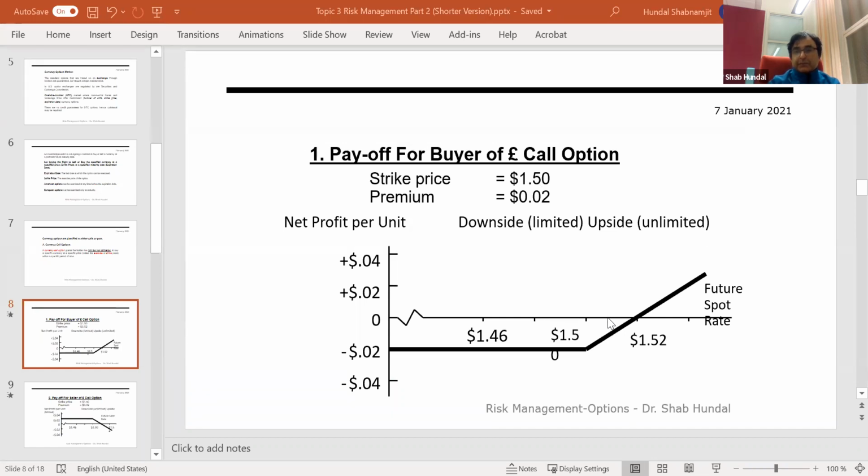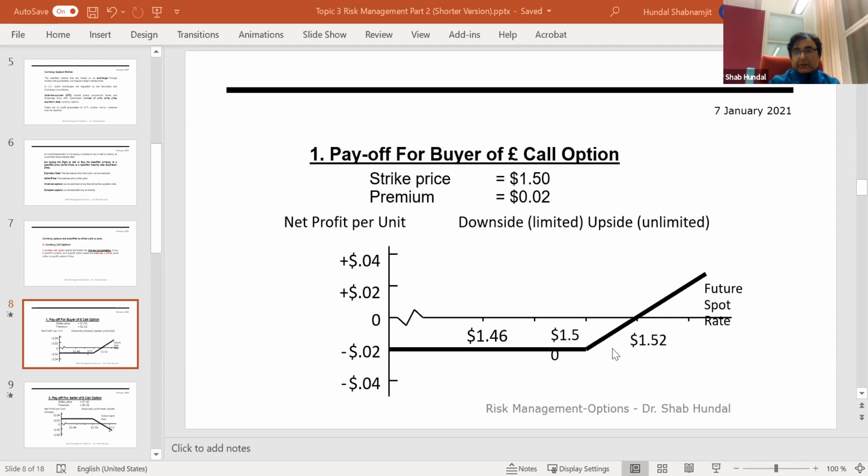So what you do then? You are buying from the broker at 1.50. And then your loss is not 2 cents, but your loss is 1 cent. If I draw 1.51 here and this line, so the loss is not 2 cents, but the loss is 1 cent.